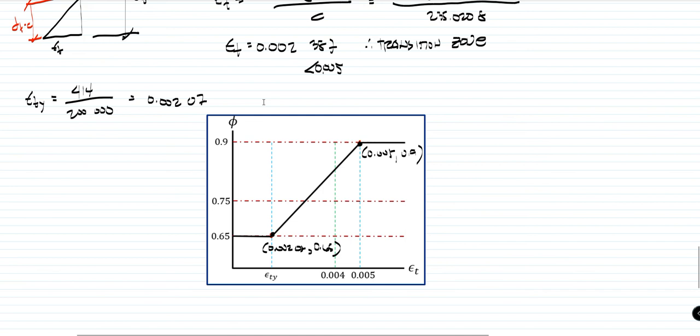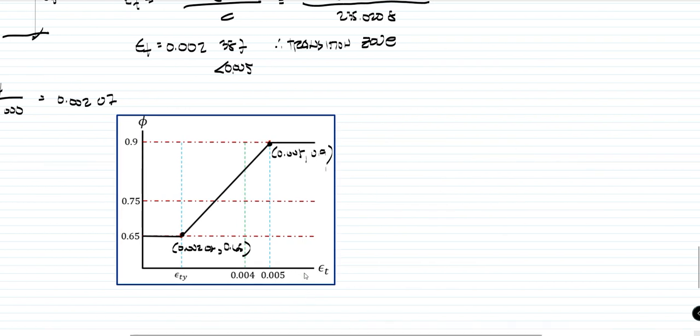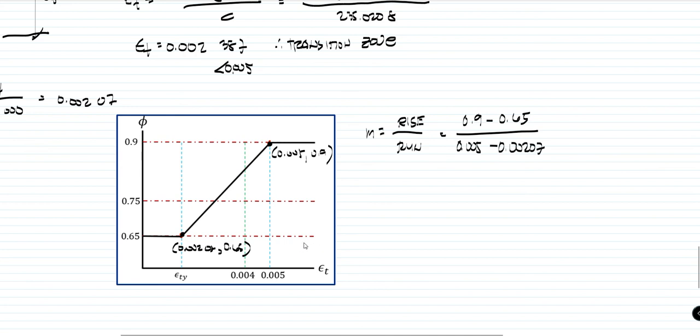First we get the slope of the line, m, which is rise over run. Our rise is 0.9 minus 0.65, and our run is 0.005 minus 0.00207, like making a triangle with a height and a base.